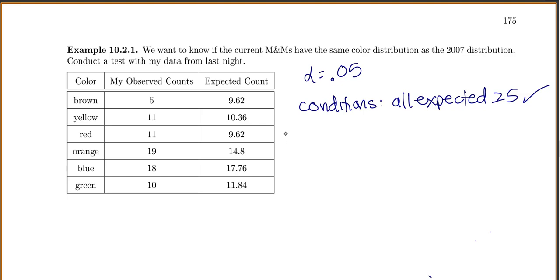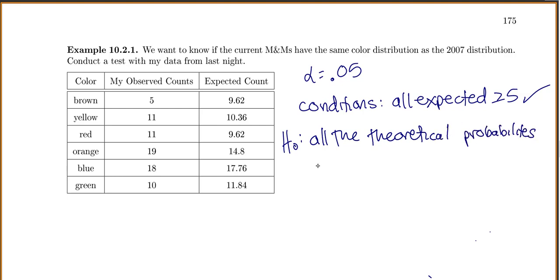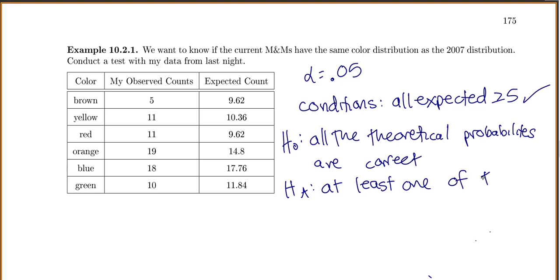You need to write down your hypotheses. So the null will be that all the theoretical probabilities are correct. The alternative would be that at least one of the probabilities was wrong.